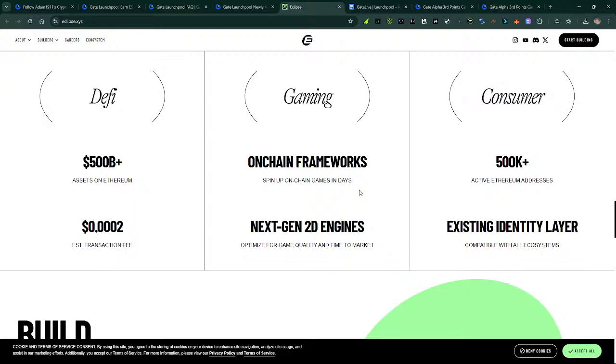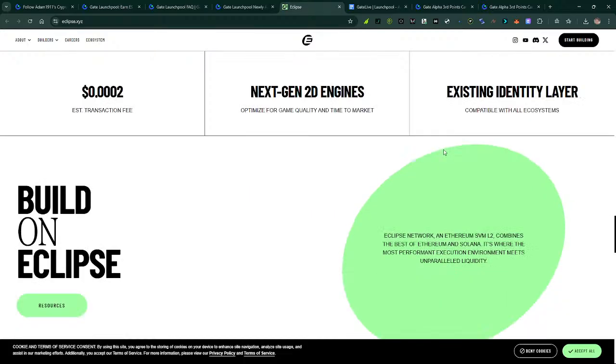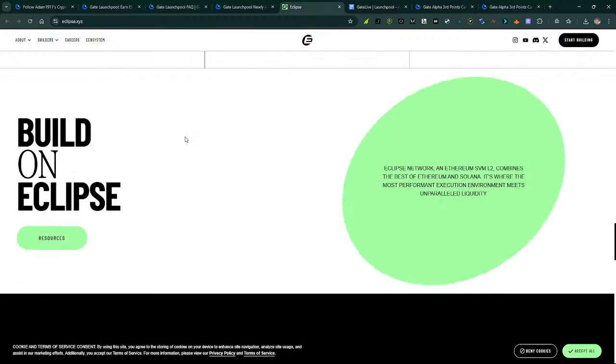And consumer: 500k plus active Ethereum addresses, existing identity layer compatible with all ecosystems. That's great to know, and we already got to know from the introduction as well. But when we see these details out there, they are so specific. And built on Eclipse.